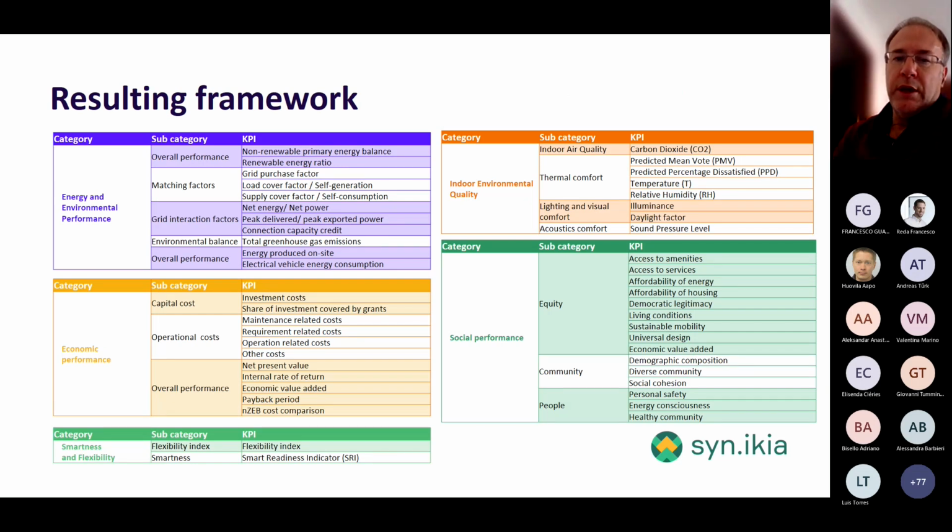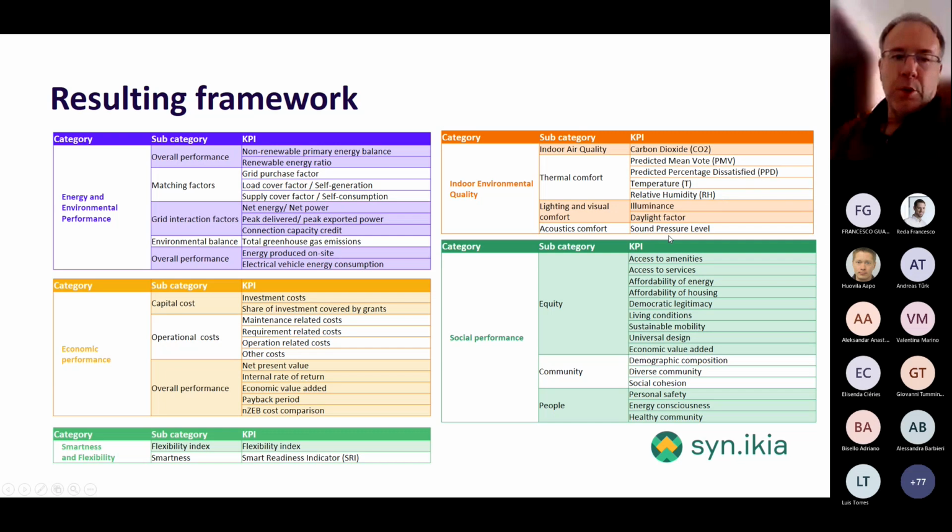I will not go through the resulting indicators one by one because we are very brief in time, and I think it is better to have room for the detailed discussion afterwards. But as you can see here, we have energy and environmental performance.